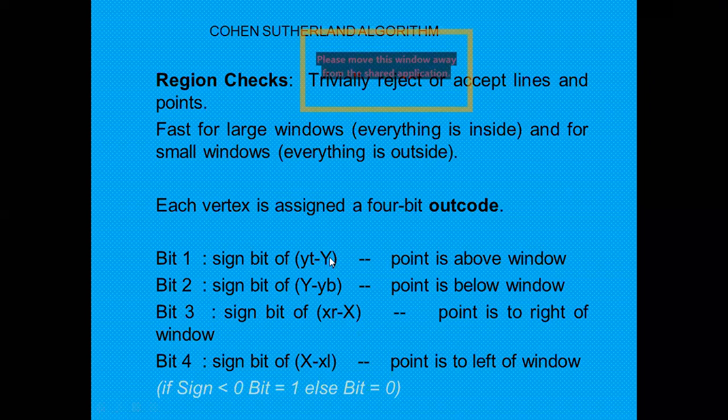It is dependent on x and y, meaning the original coordinates of the given point or vertex. If you are going to check whether the point is lying inside the window or outside the window, is it visible or not visible?